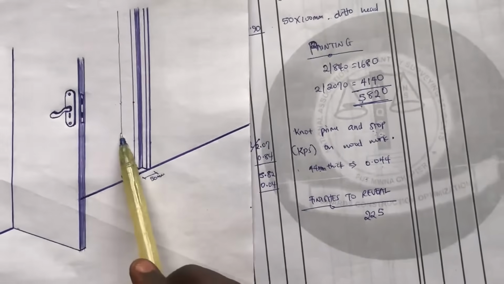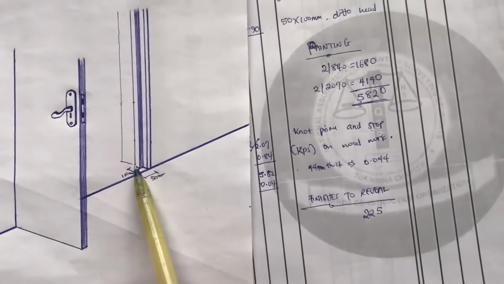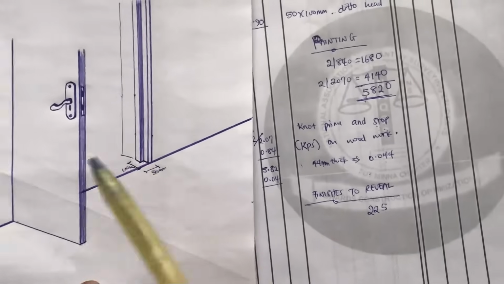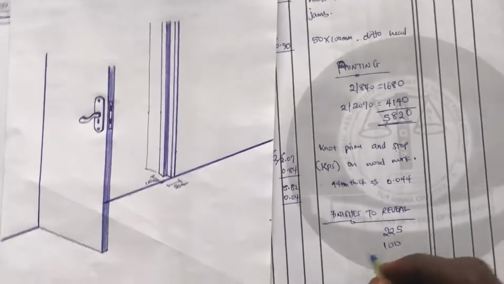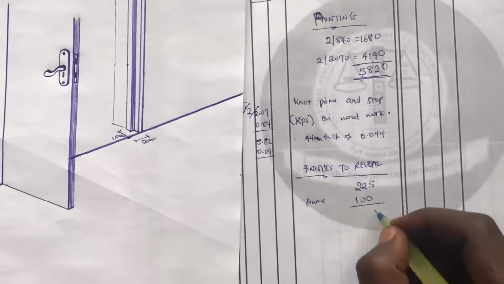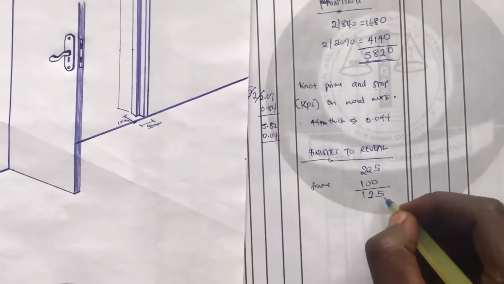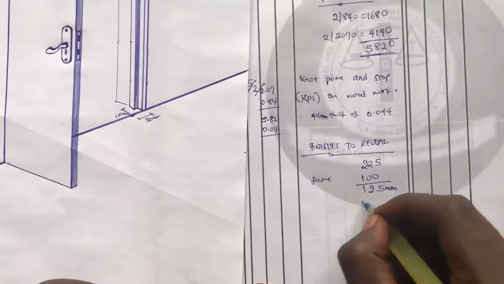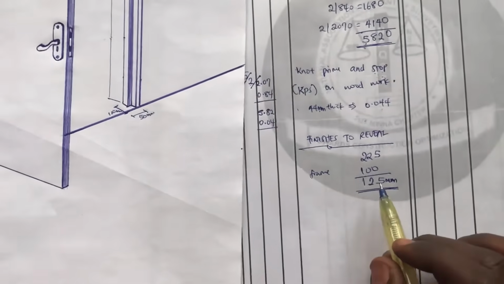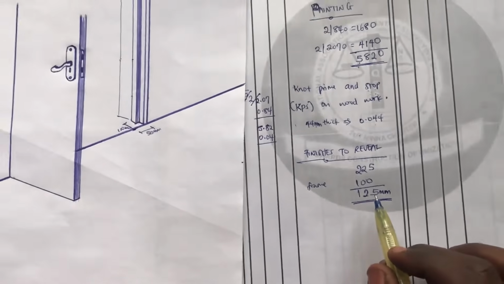So if the wall from here to here is 225, I have to deduct this 100 from the 225 to know the space that is remaining for reveal. So I will now deduct 100. This 100 is the frame. If I deduct 100, I will have 125 mm.